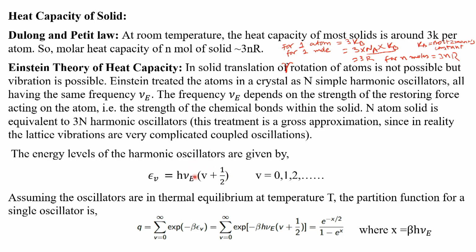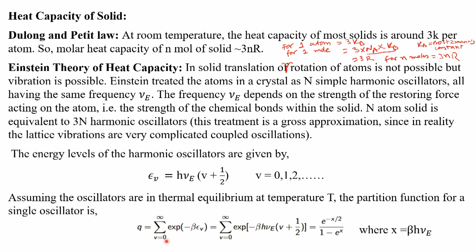This is the energy of one harmonic oscillator, where V goes from 0, 1, 2, etc. Assuming the oscillators are in thermal equilibrium at temperature T, the partition function for a single oscillator is the sum over V from 0 to infinity of e to the minus beta epsilon V. So this is the general expression for any partition function.